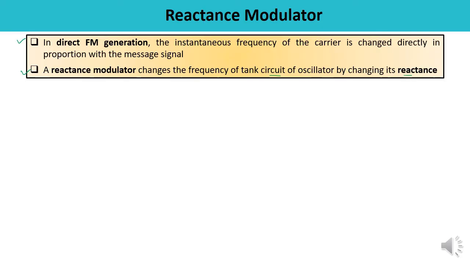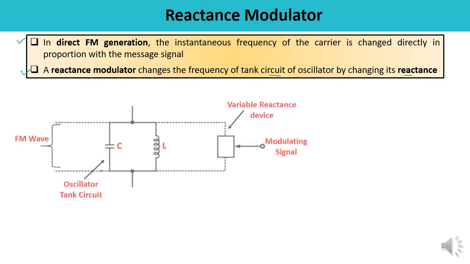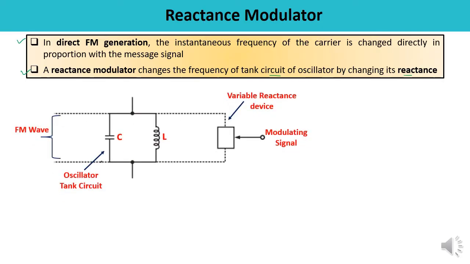When we have to perform this particular operation, a voltage controlled oscillator can be implemented just by using a sinusoidal oscillator with a tuned circuit which has a very high value of Q. You can see in this particular diagram, a reactance modulator is being shown over here.